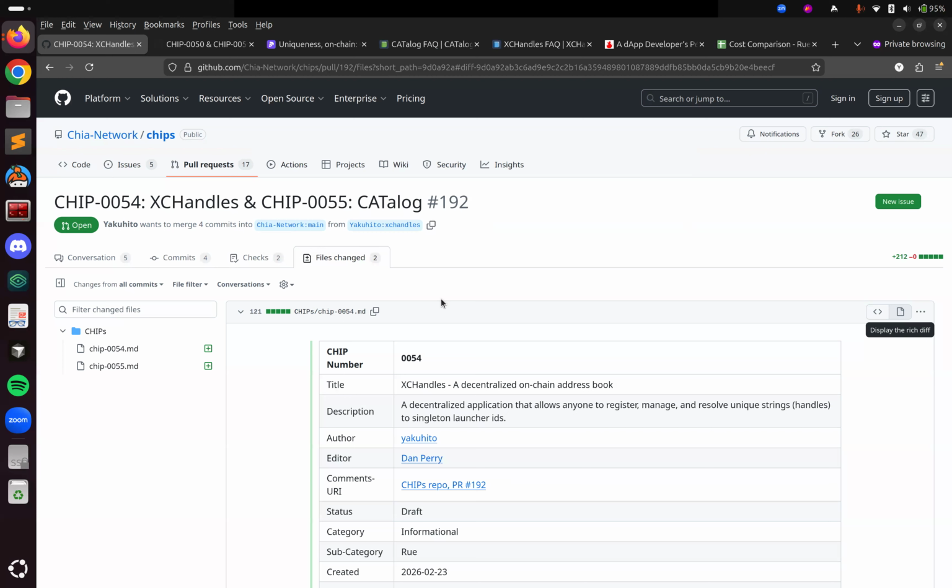Catalog is very similar. So if handles is a way of maintaining identity, and I'll get to it a bit later, catalog is a public database of maintaining CAT identities, so CAT details. The idea is that if you have a token, you'd go and register it on chain, and as the owner, you receive back an NFT which gives you access to the CAT entry.